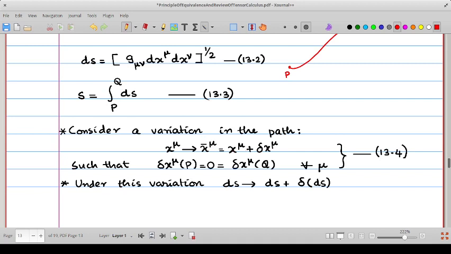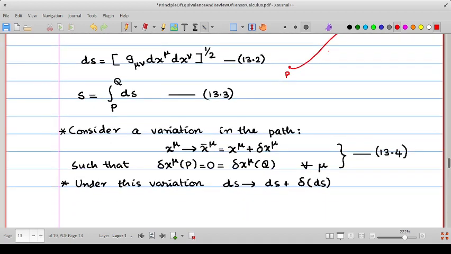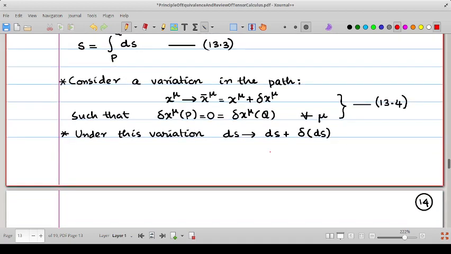Now the condition on the coordinate change is that the initial point P and the final point Q are fixed, which means that δx^μ at P is 0 and δx^μ at Q is also 0, because those points are fixed. We will not make any changes to the coordinates of those points. Under this variation, the infinitesimal interval changes from ds to ds plus a small change δ(ds).